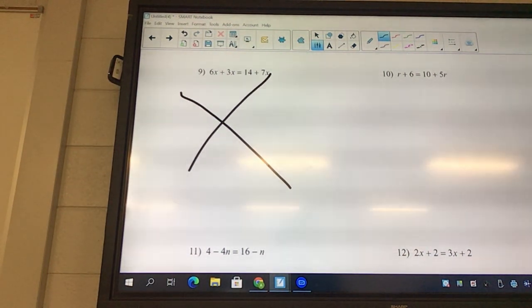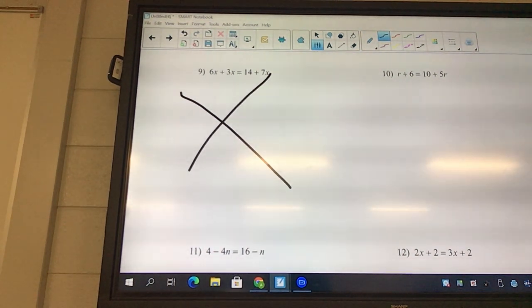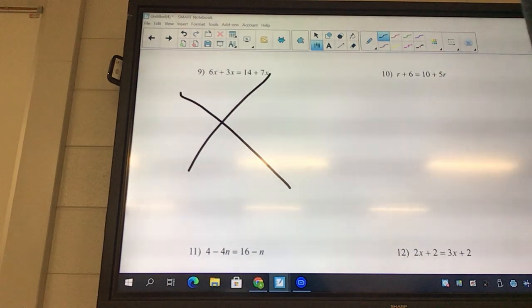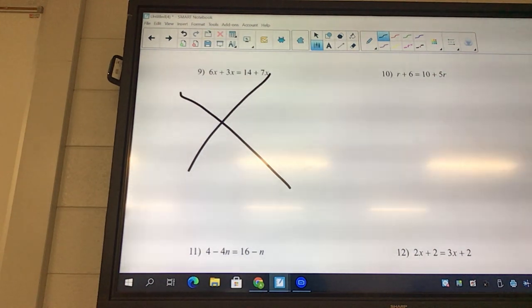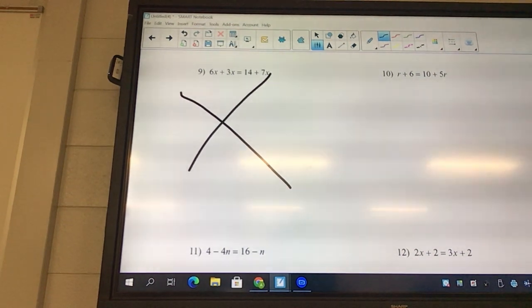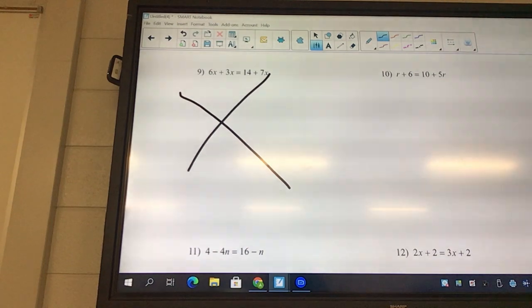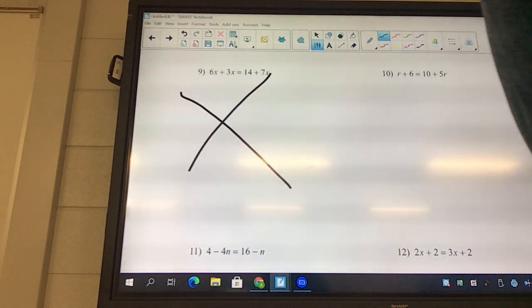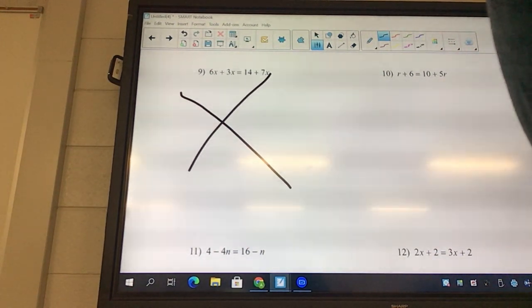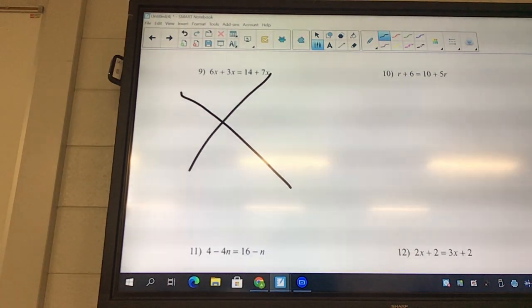Let me look through here. Cross off 13. 17. 23 and 24.